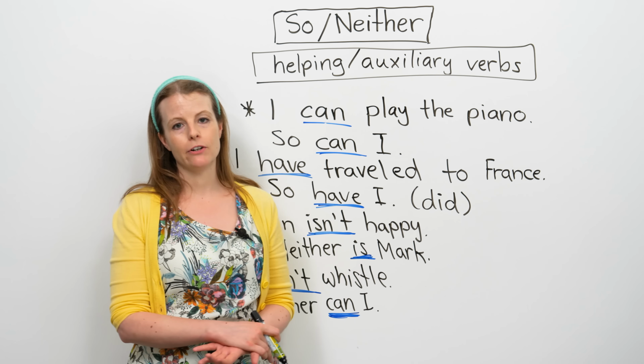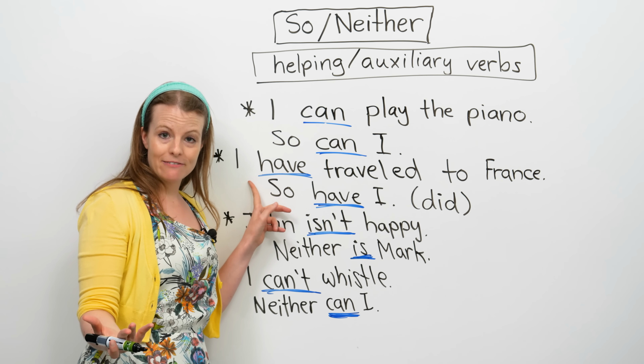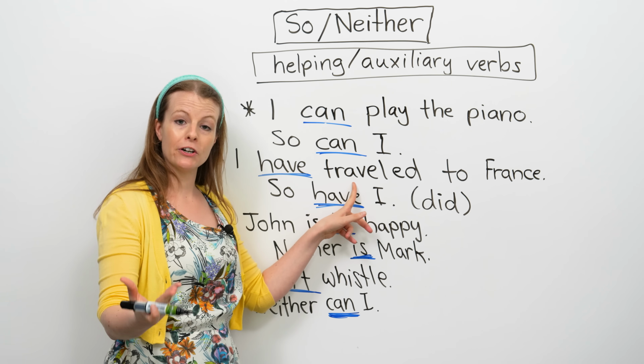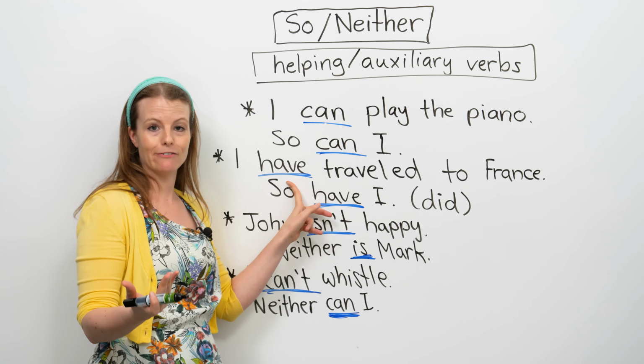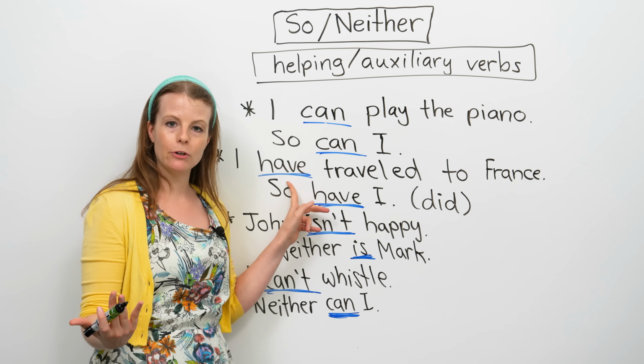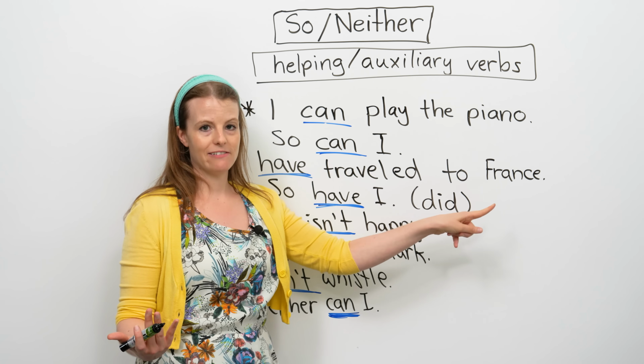What are some other helping verbs you might see? Well, if we're using the present perfect, you might see have traveled. So traveled is the verb, but we have the helping verb, which is have. I have eaten a sandwich. I have watched many movies. So this is the present perfect. I have traveled to France.